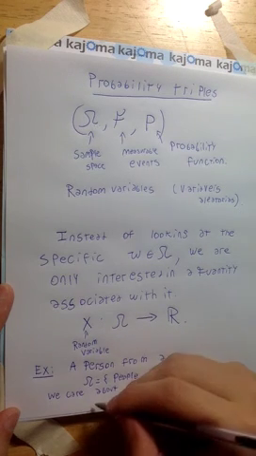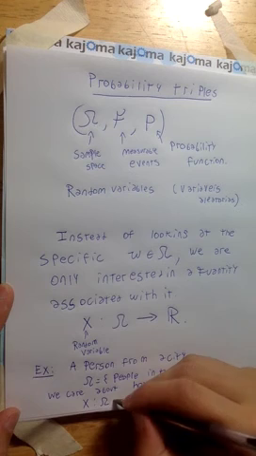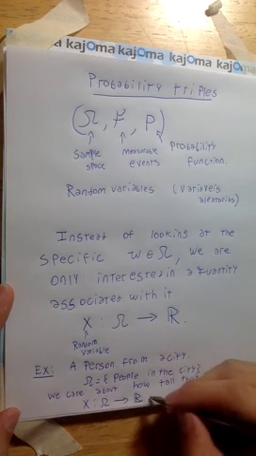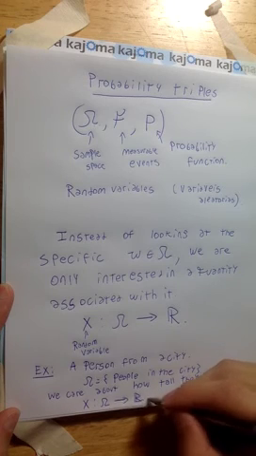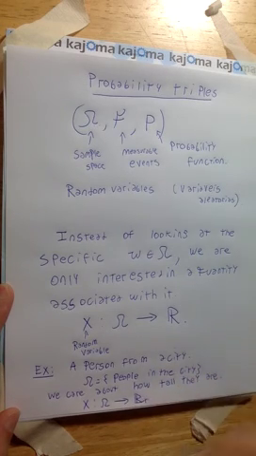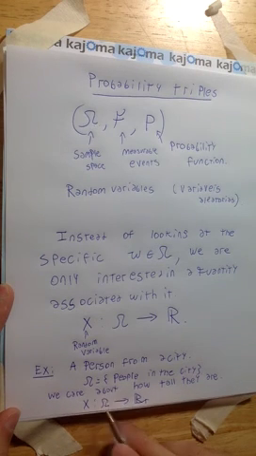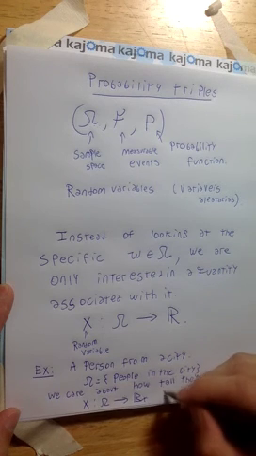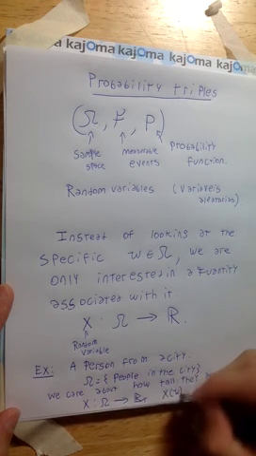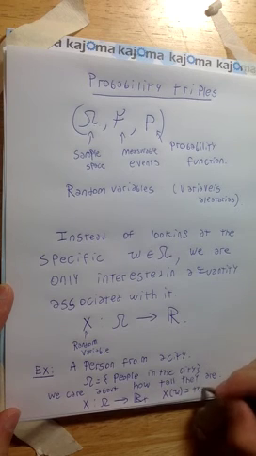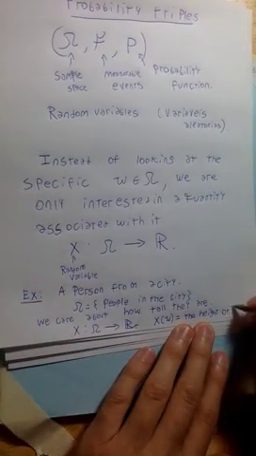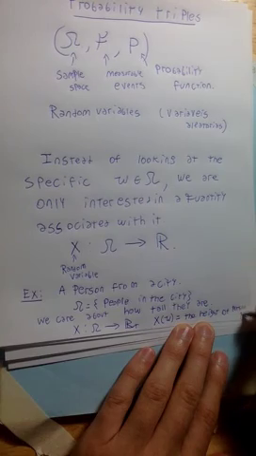Okay? So we would have X, which is going from omega to R, or actually, instead of R, we would be just getting R plus. So we're going to have X that is going from the people of the city into R plus, which is giving us their height, which X of omega is equal to the height of person omega.